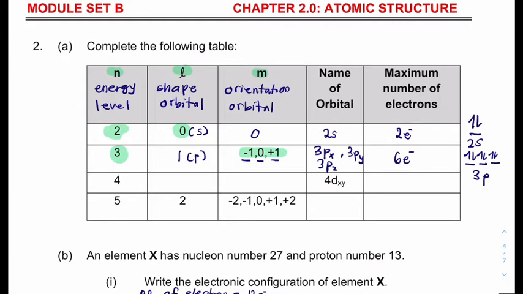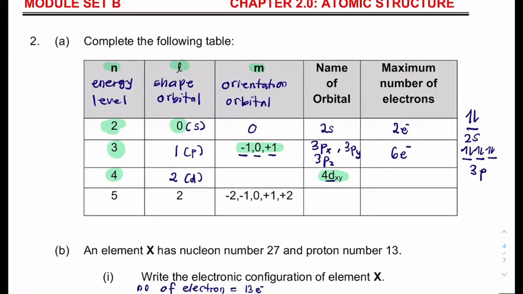Okay, next for energy level 4. Okay, dia bagi tahu kamu specifically ada satu sahaja orbital dekat sini, 4D. Okay, so now kita fokus pada D. So kalau D refer kepada L equal to 2. Okay, so and orientation dia bagi satu saja, 4DXY.